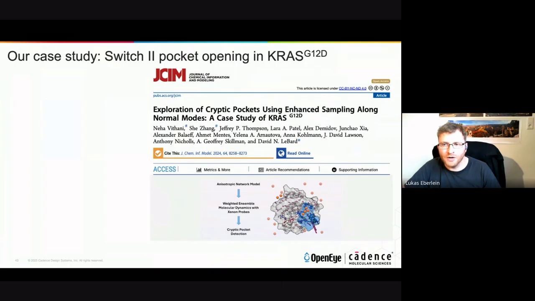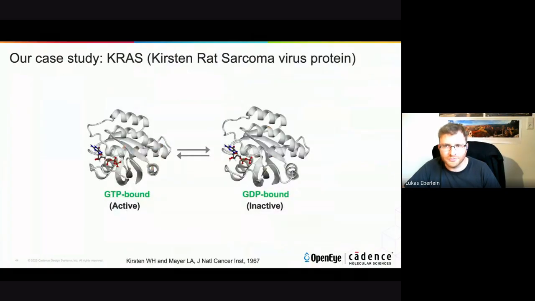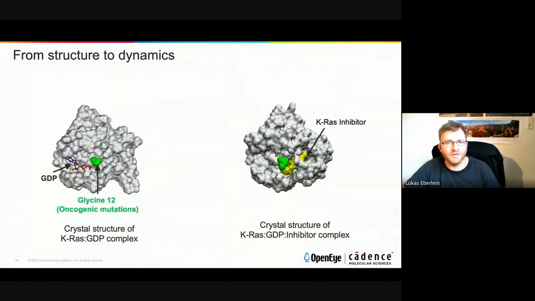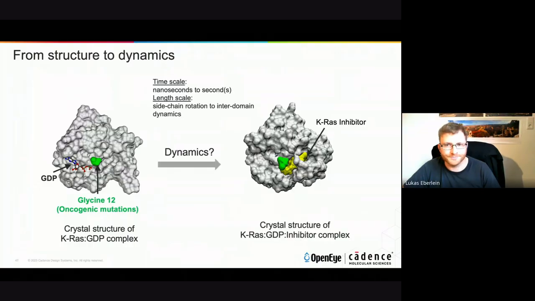I want to show you how our method works by using a case study on KRAS, which we quite recently published. As a reminder, KRAS acts as a regulatory switch by switching between the GTP-bound active and the GDP-bound inactive state, and locking the protein in the off state is a promising strategy for cancer treatment. On the left-hand side, we see the KRAS apo structure, so without a ligand, and the holo structure with a ligand bound on the right-hand side.